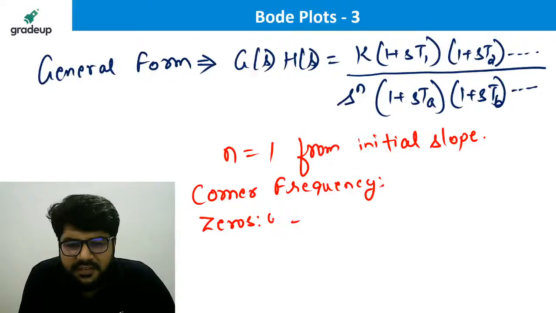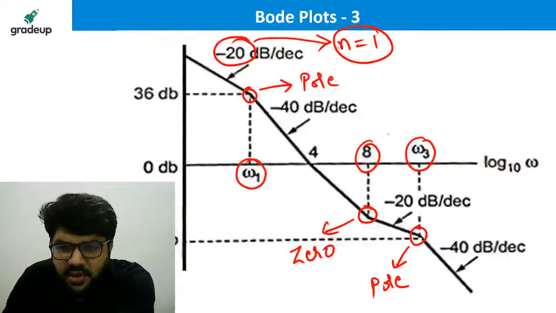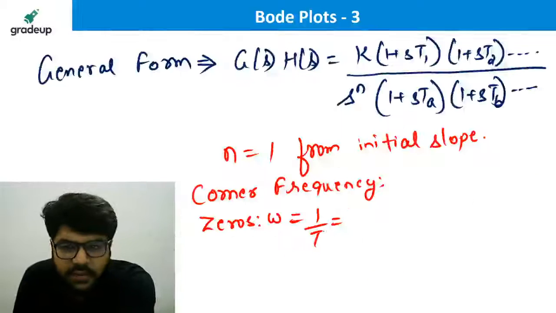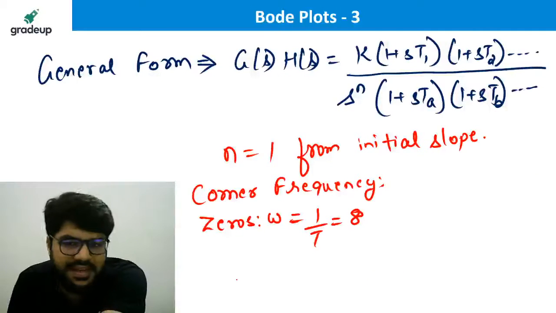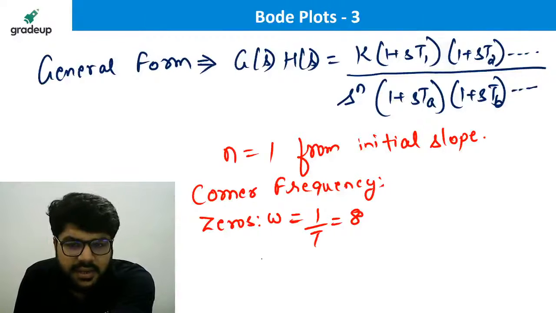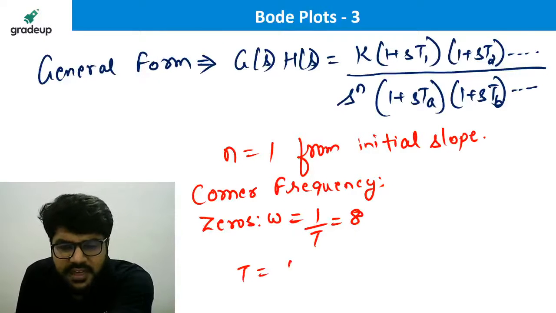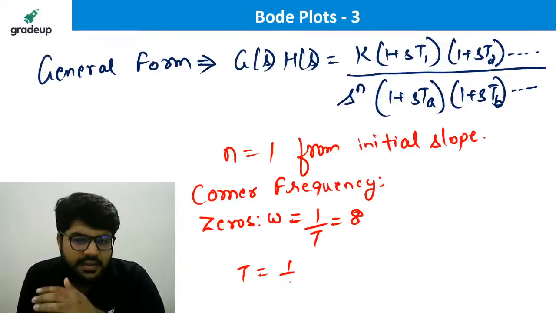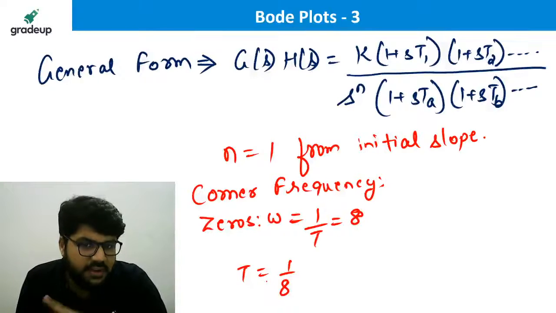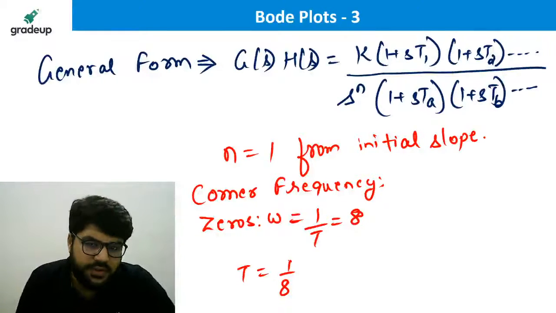The formula for the corner frequency is 1 by t, and the zero's corner frequency is known, equal to 8. So the value of t will be 1 by 8. The corner frequency is 8, and t will be 1 upon corner frequency.